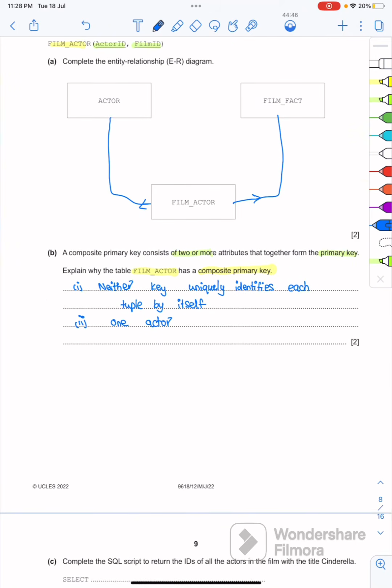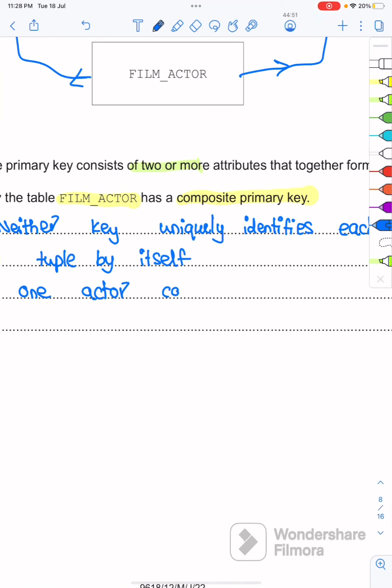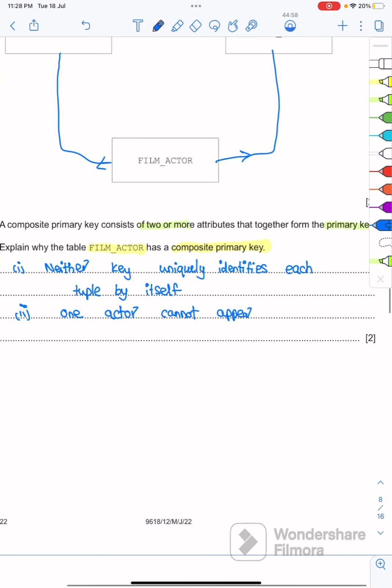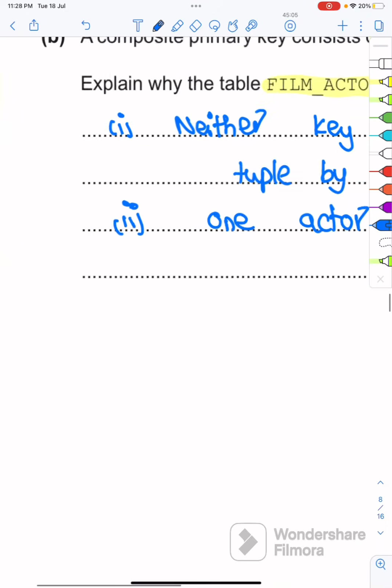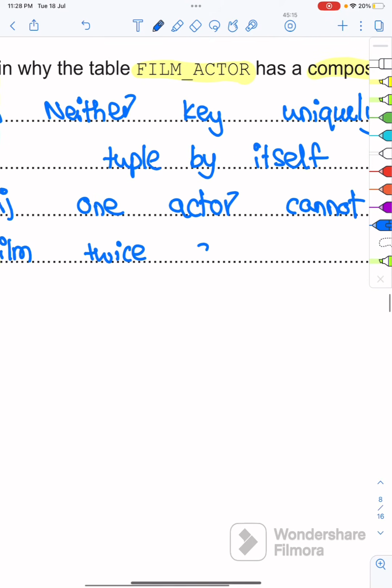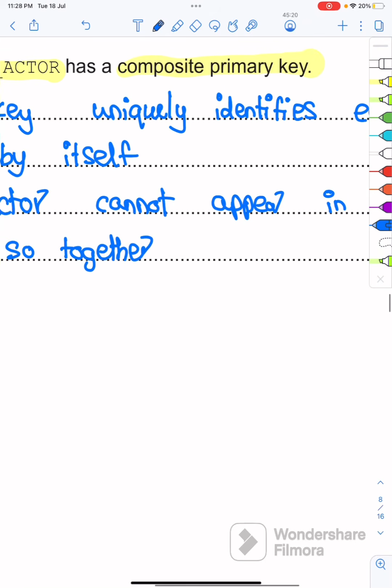To prevent that from being represented in the table, that's why they're using a composite primary key. One actor can appear in two different films, but they cannot appear in the same film twice. So together, they are unique.